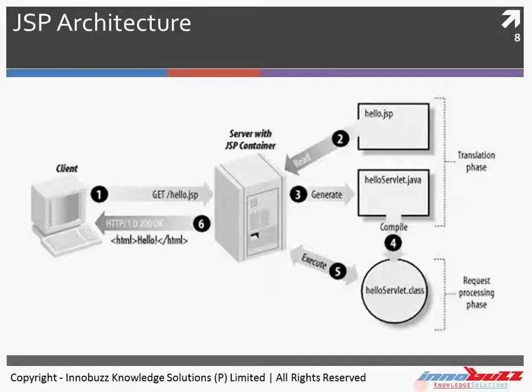During execution, the servlet produces an output in HTML format, which the servlet engine passes to the web server inside an HTTP response. Therefore, the web server forwards this HTTP response to your browser in terms of static HTML content.